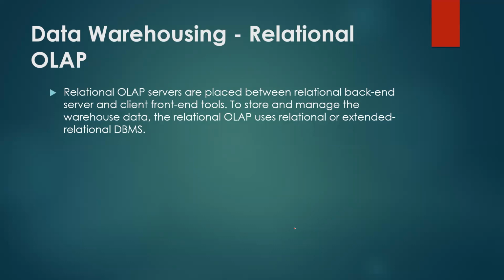The relational OLAP uses relational or extended relational database management system. Here generally we talk about implementation of aggregation logic, optimization of each database backend where data is actually stored, and tools that we need to use.